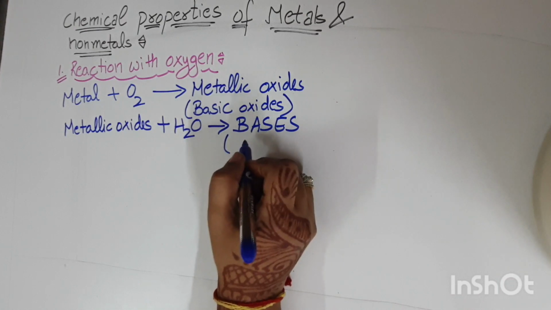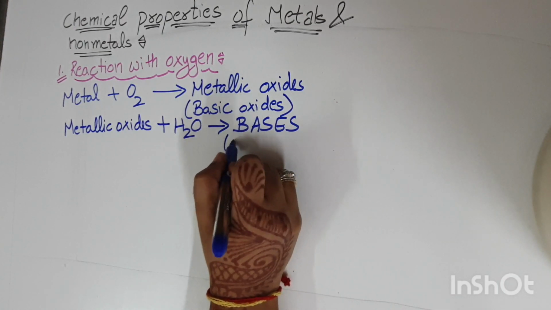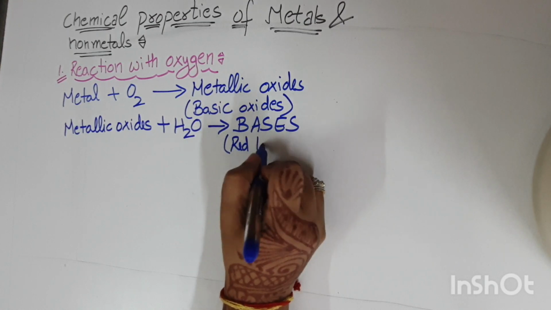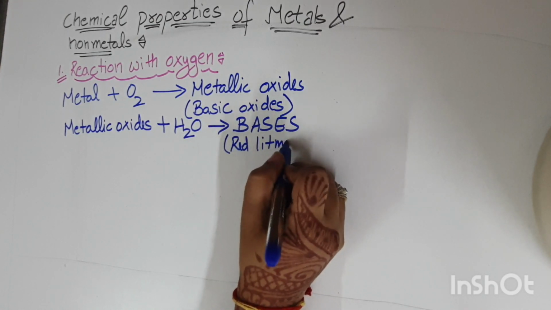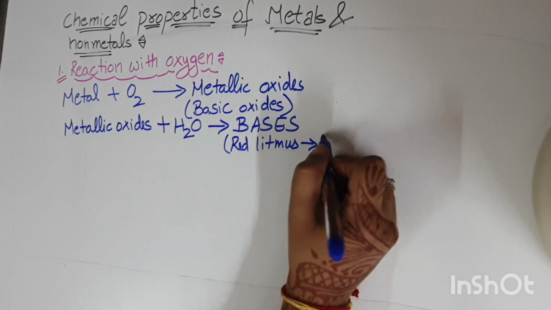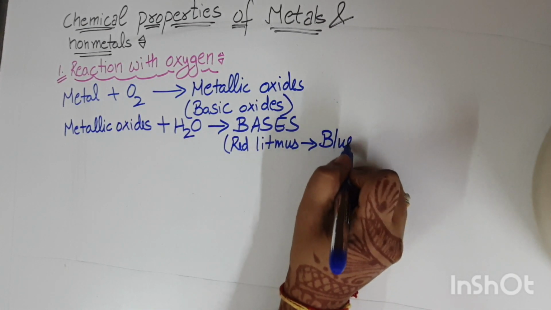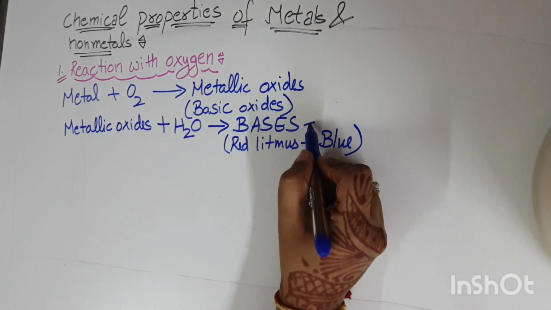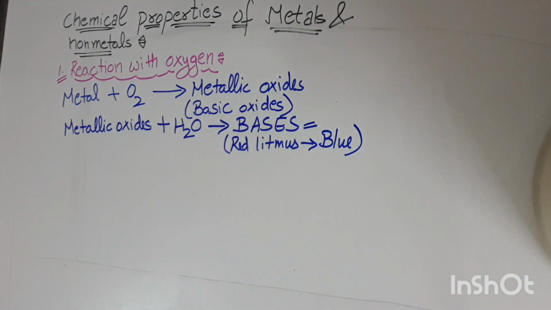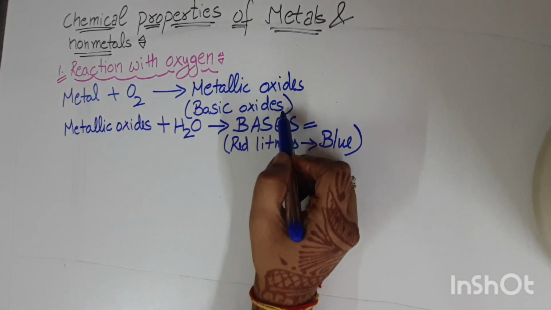We will obviously use the litmus test. The red litmus will change into blue litmus. This shows that the solution is basic. So this proves that metallic oxides are basic oxides.